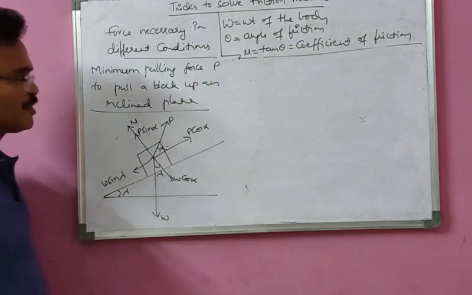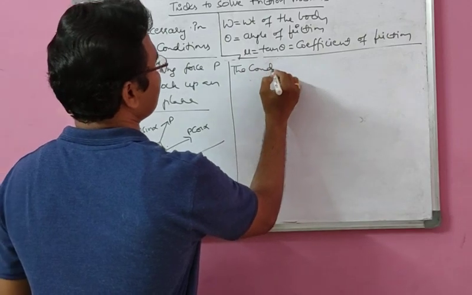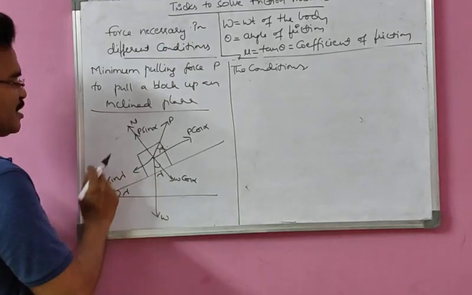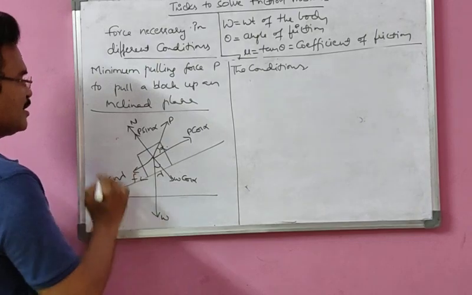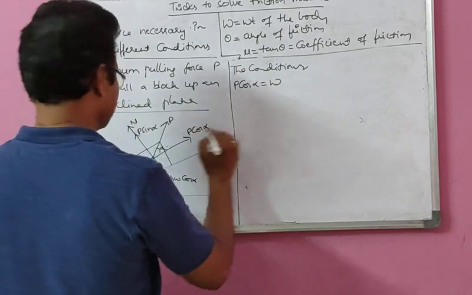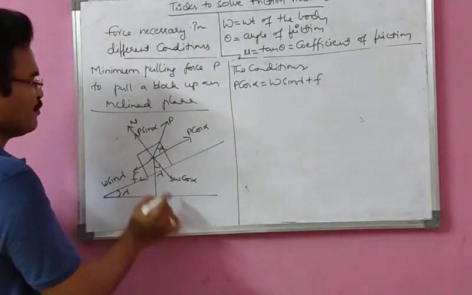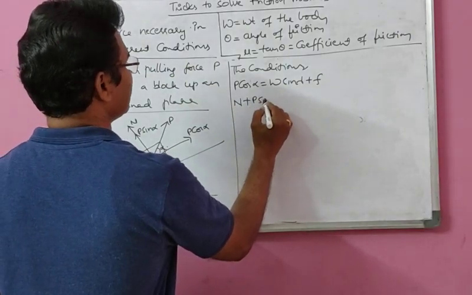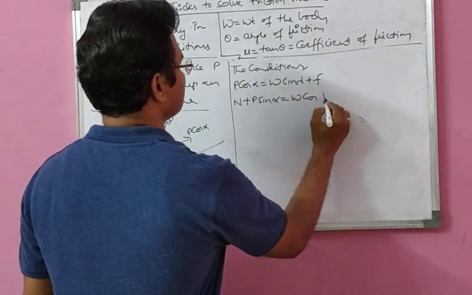Again, the conditions I'm going to write here. So the conditions are, first one, P cos alpha is balanced by W sin lambda, because we are pulling up, the frictional force acts like this. So we can write P cos alpha equal to W sin lambda plus F. And in the vertical direction, we can write N plus P sin alpha equal to W cos lambda.